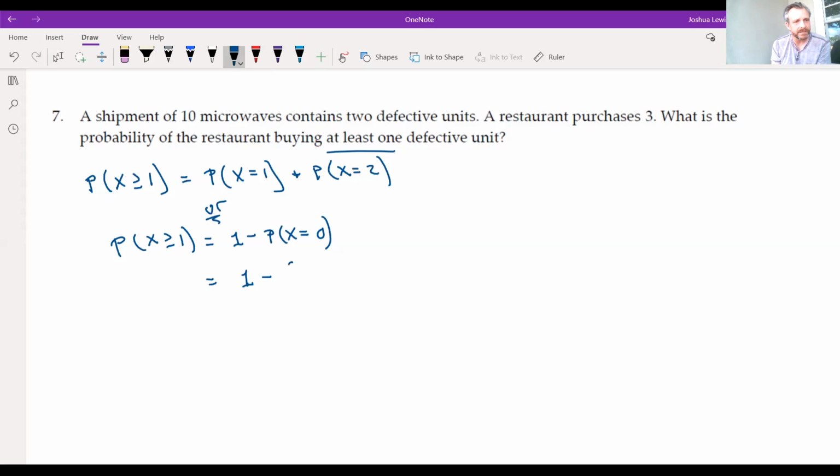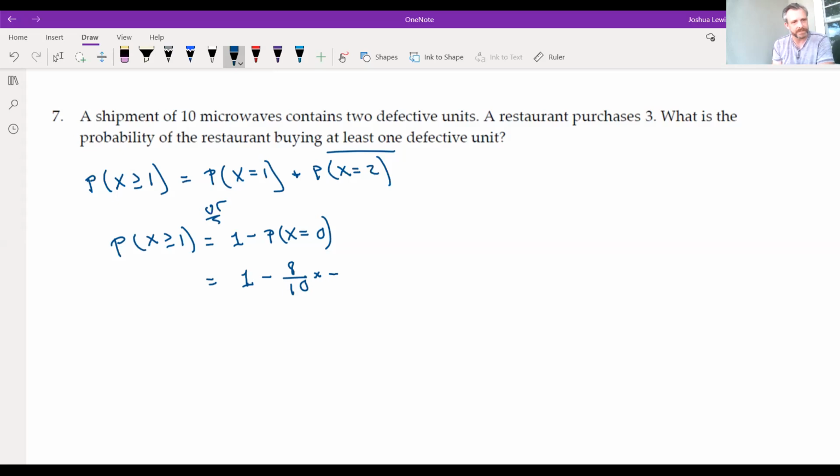Well, there are 8 good microwaves, right? Because only 2 are defective, and there are 10 total. And then this is times, right? Because think about it. No defective means the first one and the second one and the third one are all good. And we know the connective and corresponds to the multiplication rule.